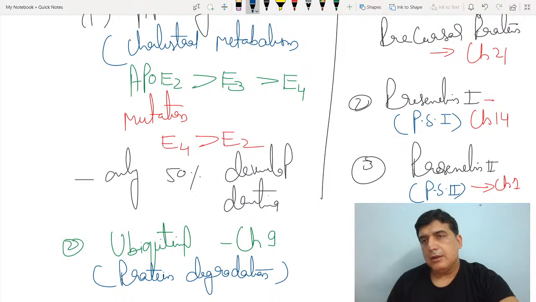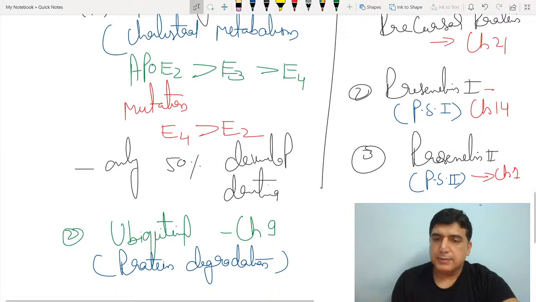So 1, 14, 21 is associated with early onset familial dementia. 9 and 19 are associated with late onset familial dementia. This is genetics they ask.